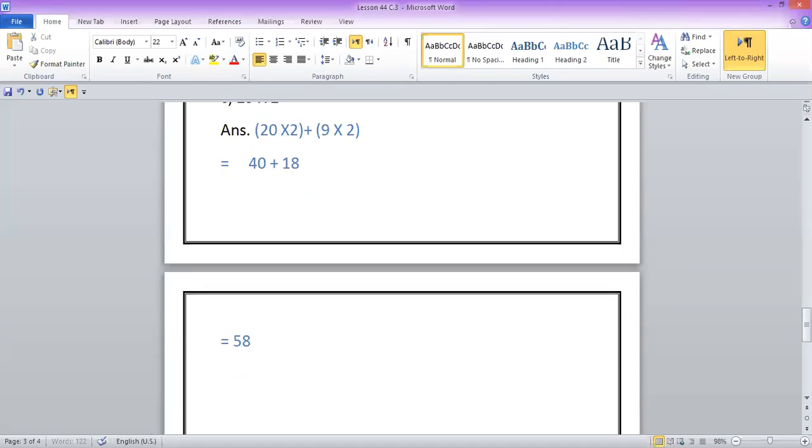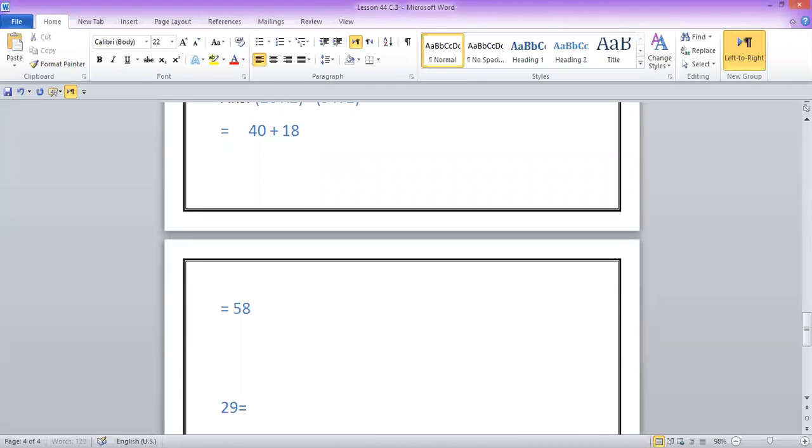I can write 29 like this: 20 plus 9. This is the expanded form and this is the standard form. So I can make an expanded form from a standard form. This 2 has the value of 20, so I write 20 plus 9, and if I add these two numbers, I will get 29.